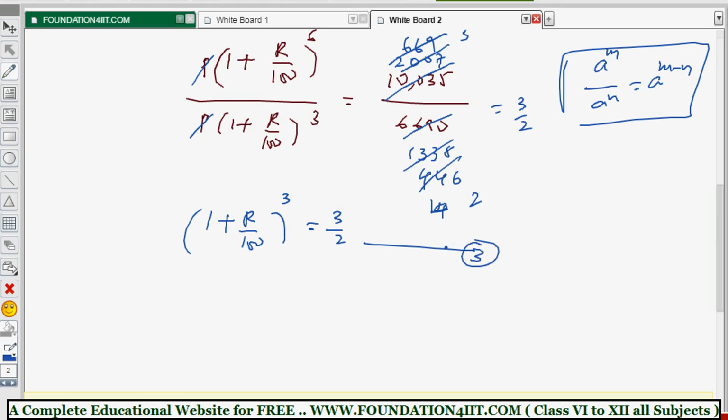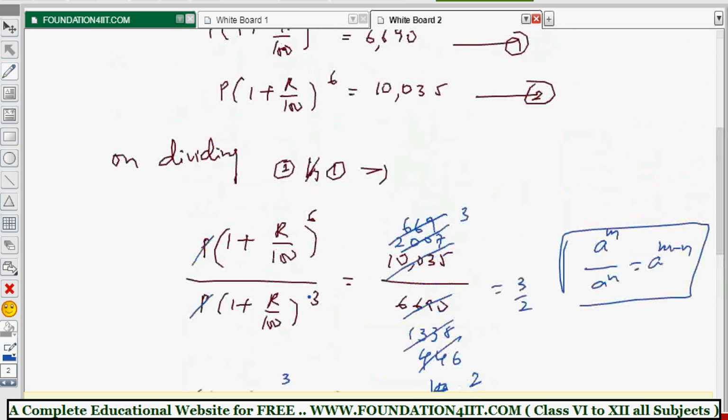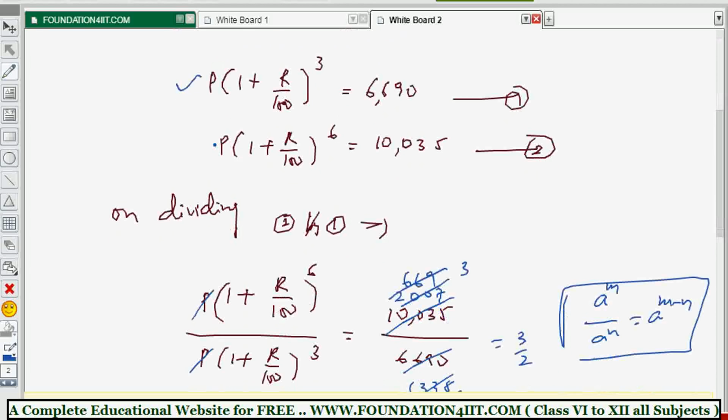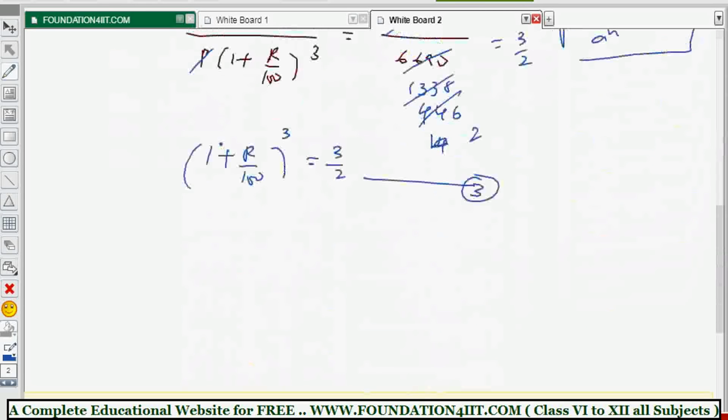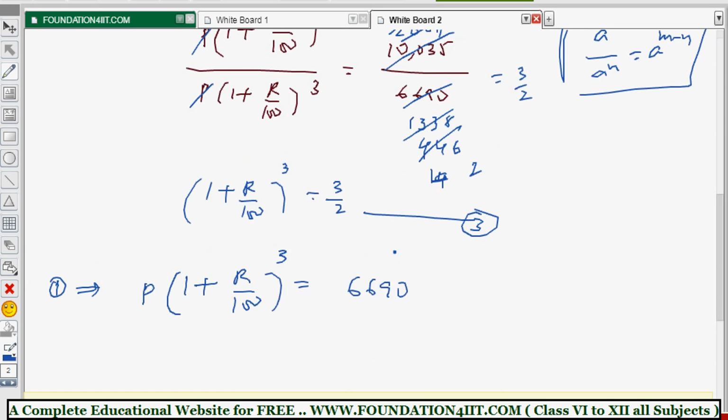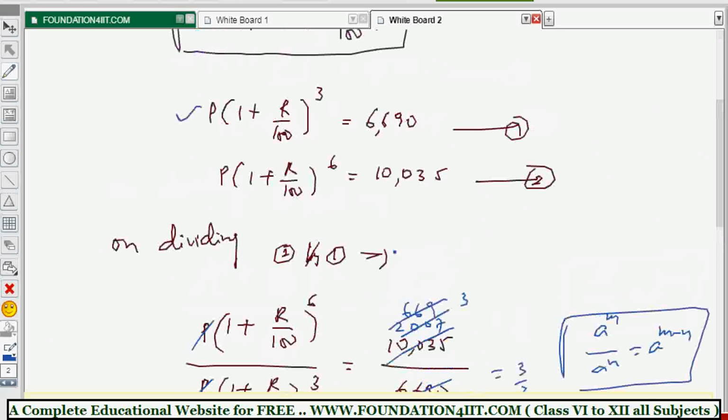Let this be equation 3. Whenever you get (1 plus R by 100) whole power 3 equal to 3 by 2, you can substitute this value in any one of the equations. Substituting in the first equation: P into (1 plus R by 100) all to the power 3 is equal to 6690. This is equation 1, and this is given.